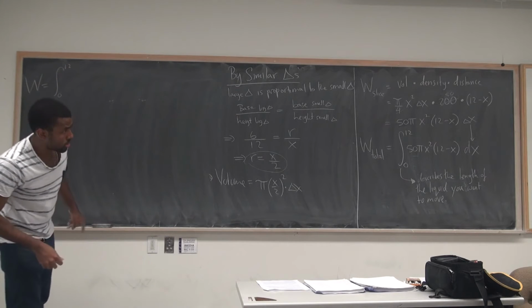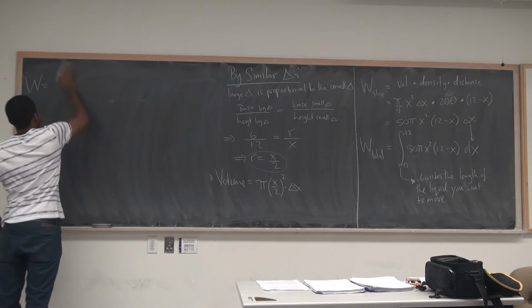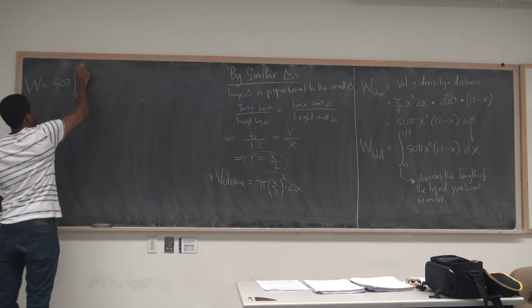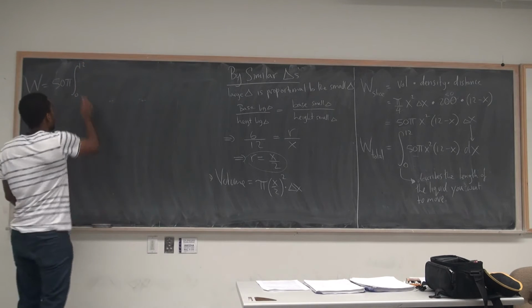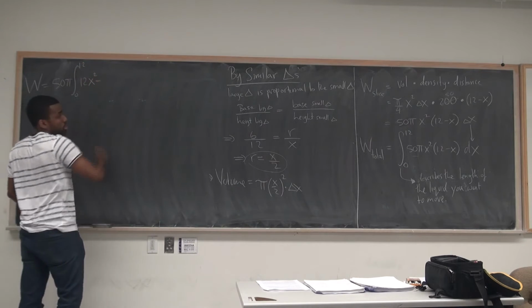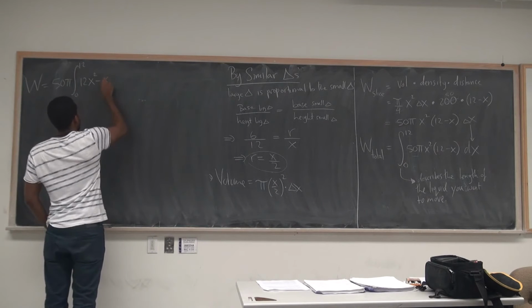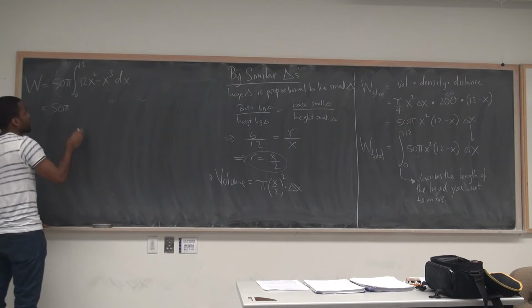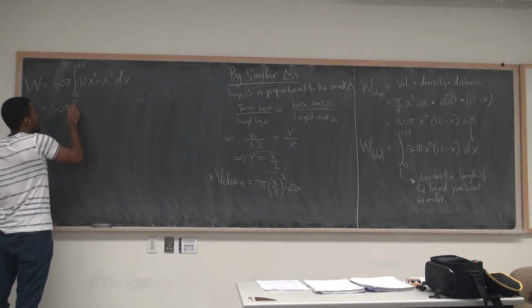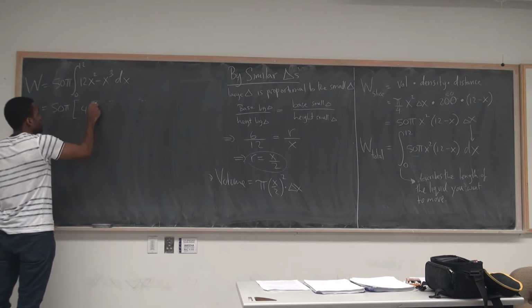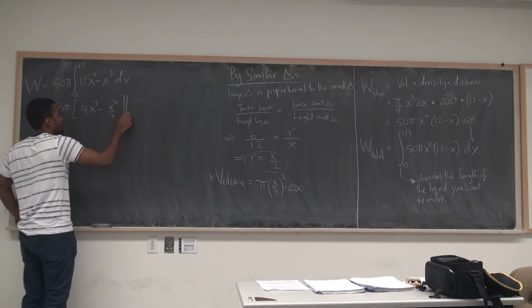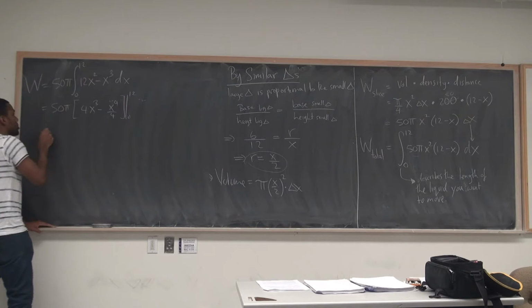So how do we work this out? Just think of it as 50 pi, 0 to 12, 12x squared minus x cubed dx. This gives us 4x cubed minus x to the fourth over 4, from 0 to 12.